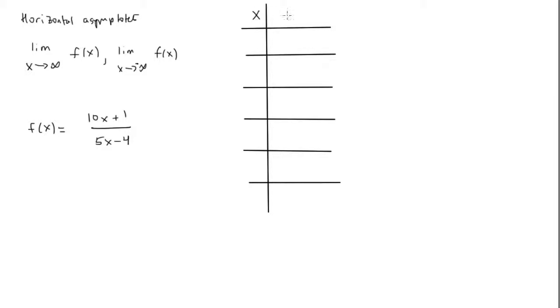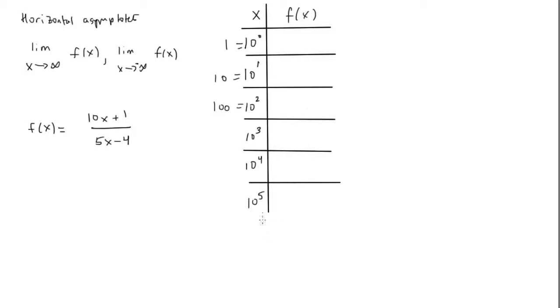Okay, so here we'll go x, and here we'll go f of x. And what I'm going to do is plug in successively larger numbers. So I'll start with 10 to the 0, which is 1, and then 10 to the first, which is 10, and 10 to the second, which is 100, and 10 cubed, which is 1,000, and hopefully you get the idea at this point.